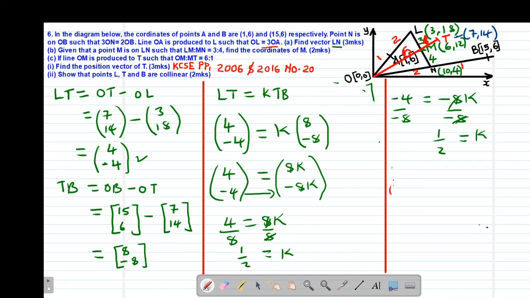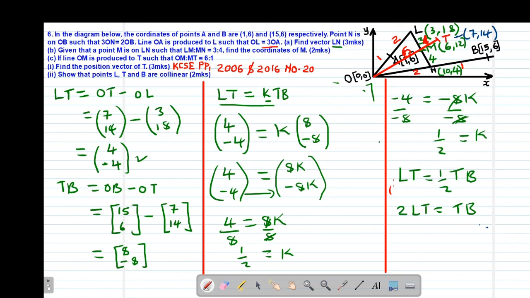Therefore LT is equal to K times TB, and we have the value of K, which is a half, multiplied by TB. You can express it this way, or you can multiply through by 2, so that you have 2LT equal to TB.